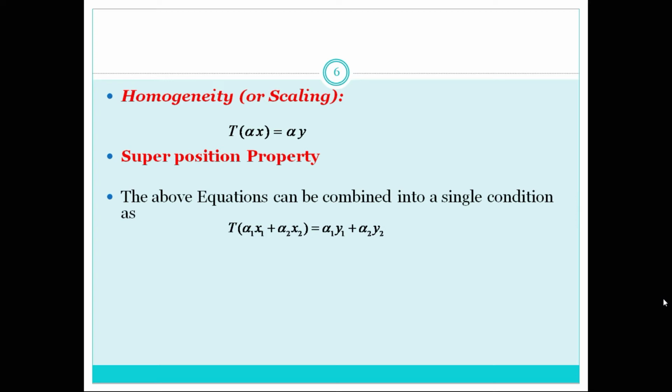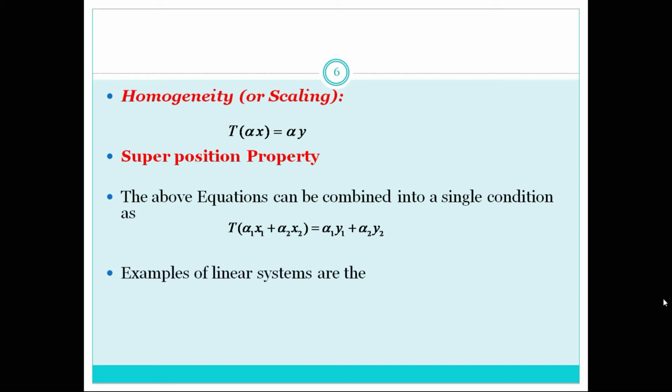Adding them is the additive property and scaling them is the homogeneity. So if we satisfy both the conditions, then the superposition property has been satisfied and we can say that the system is linear. If any system doesn't satisfy any of these conditions, then it is called nonlinear in nature.